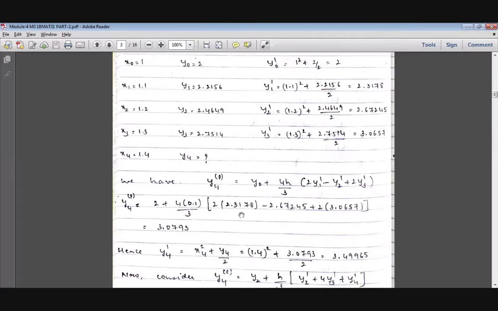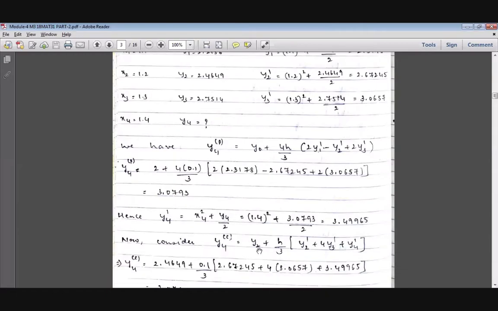Understood? Finding y4 dash. Then y4 of c, this is the formula: y2 plus h by 3 times y2 dash plus 4y3 dash plus y4 dash. If you see this corrector formula, only a small change is there. We have y2. We have y2 dash and y3 dash, which we calculated.